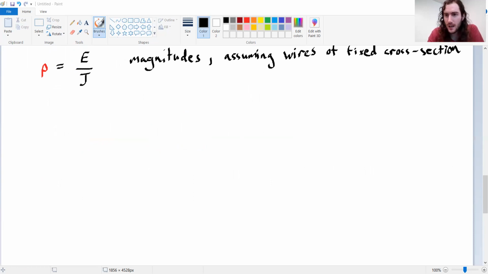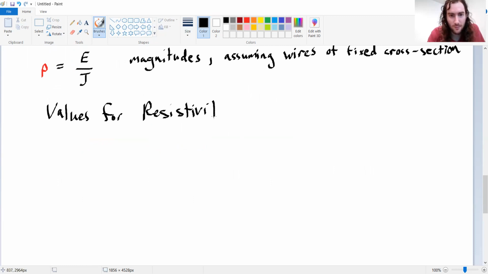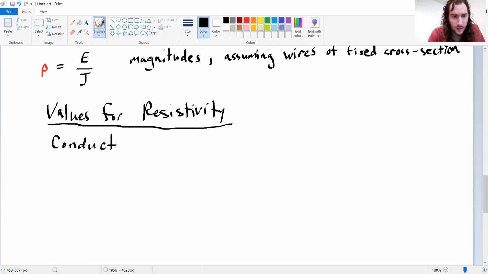So we'll take a look at that. I have some values from a table that I'm going to write down for you, just to give you some ideas, and we'll just look at the interesting ones. Here are some values for resistivity, straight from a table in your textbook. I'll list two conductors here, copper and gold, and then I'll look at an insulator and a semiconductor.